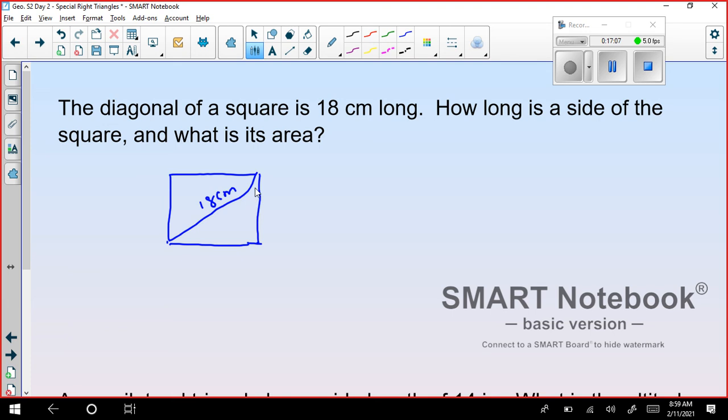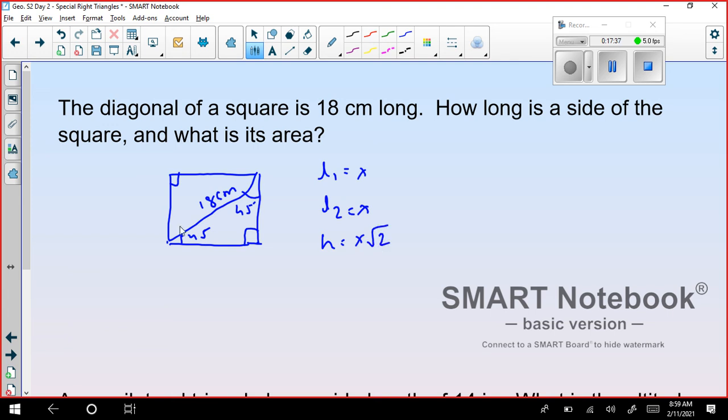Okay, remember that for a square each of these angles is 90 degrees and the diagonal will act like the angle bisector. So this becomes 45 and this becomes 45. Okay, in case of 45, 45, 90, we have leg 1 equals x, leg 2 equals x, then the hypotenuse is x root 2.